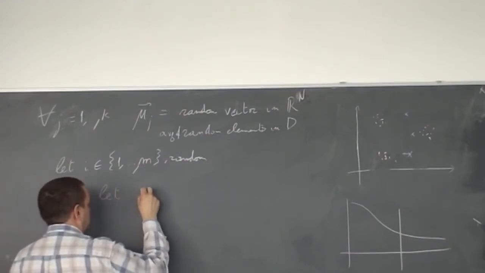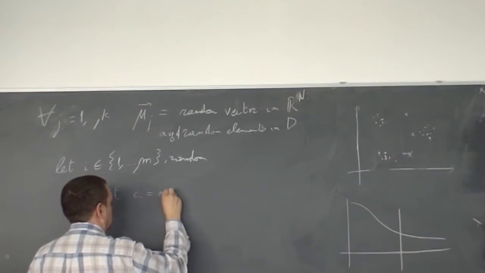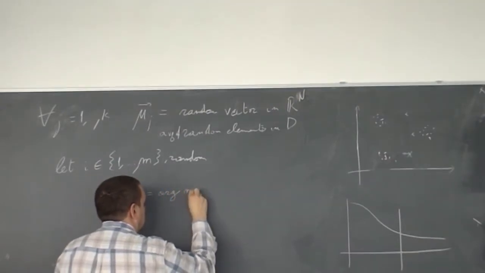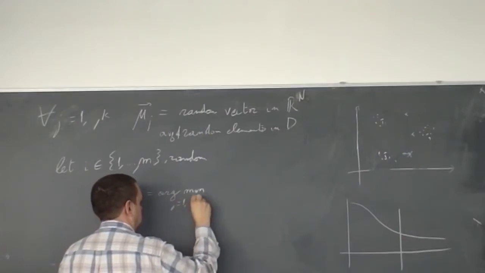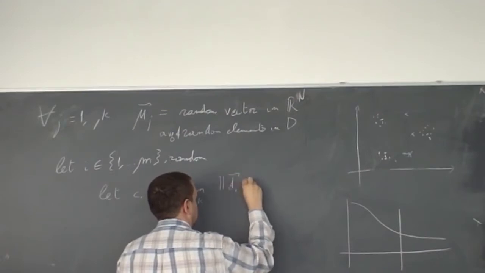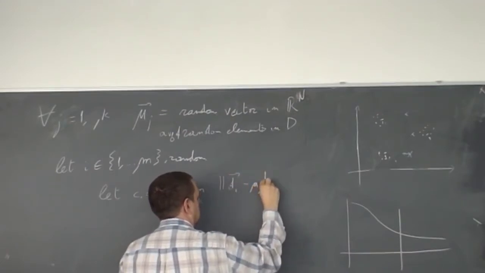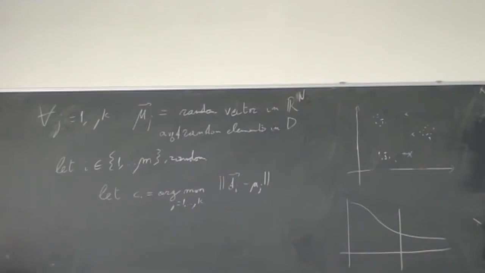Of course, we need to decide which is the closest representative. So we compute ci for that particular element.